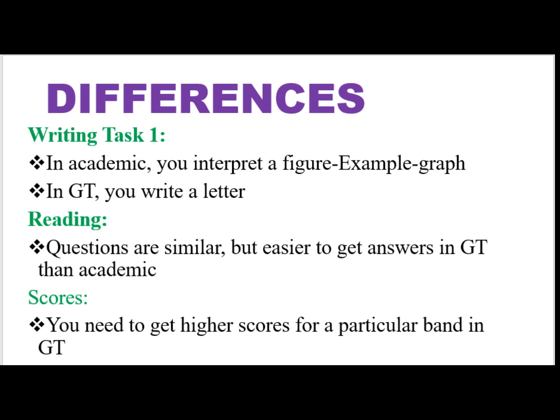The next difference in these 2 papers is the scores. The scores are different in the manner in which they are distributed, such that you need to score higher in IELTS GT to get the same band score as someone scoring the same marks in IELTS academic.